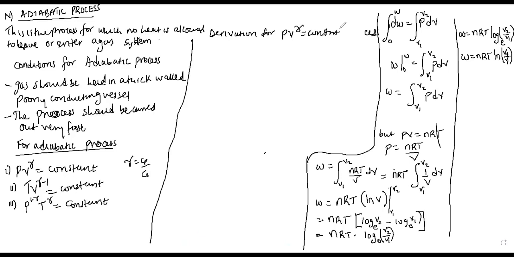Now to start with, you should recall that from the first law of thermodynamics, the change in heat energy is equal to the change in internal energy plus the external work done by the system.